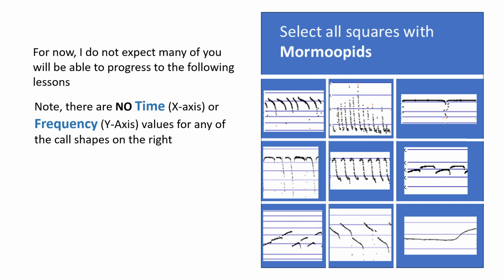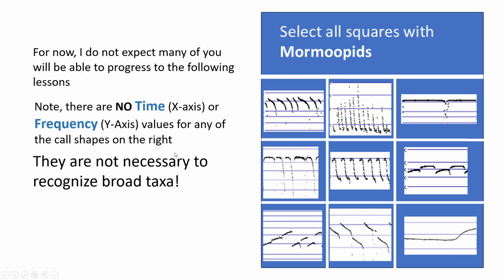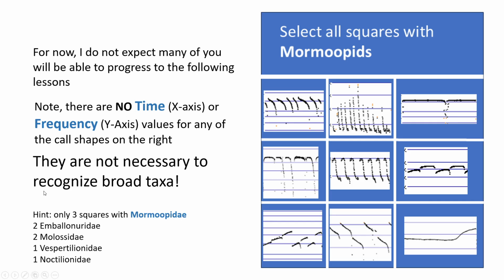Also note, for the CAPTCHA squares, there's no time or frequency axis. There's no values of any kind, mainly because they're not necessary to recognize the broad taxa. So how many morphoapids are there in these 9 windows? Here's a hint. 3 squares have morphoapids.